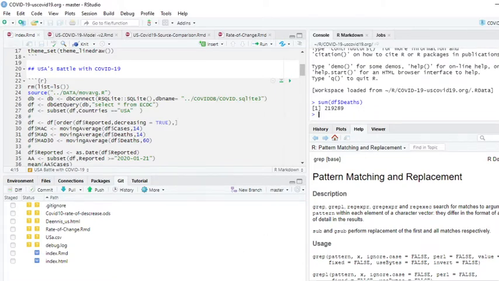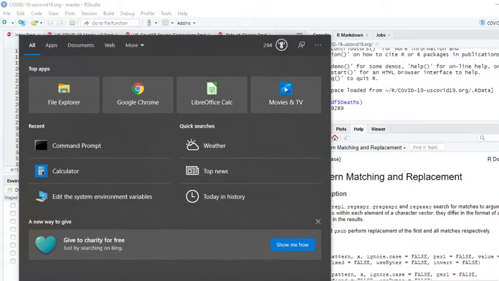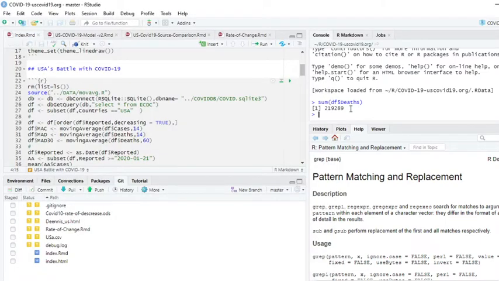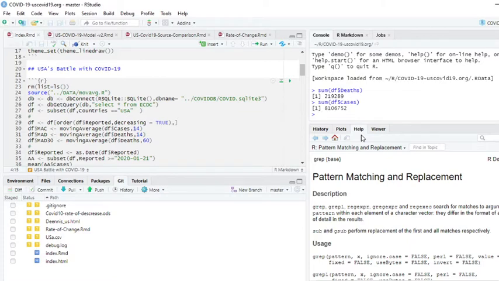Okay, now that's the total number of cases.